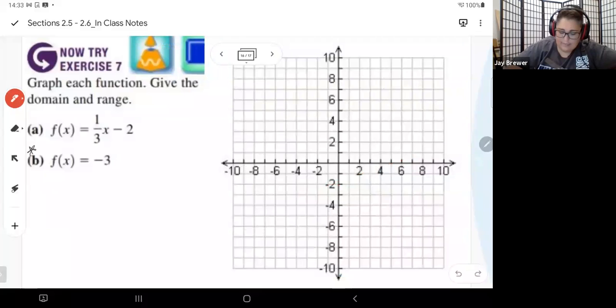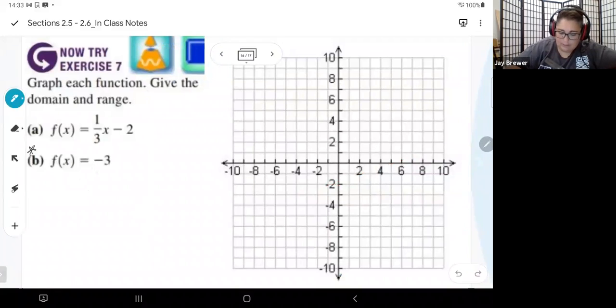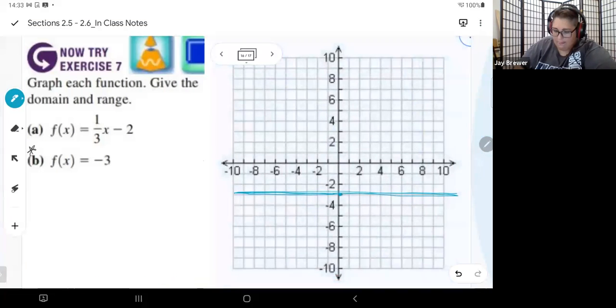Okay. Now we need to graph the second one, and we just have to go to where y is equal to -3. So that's right here. Let's see if this thing will work with me again. It's not exact, but not too bad either.